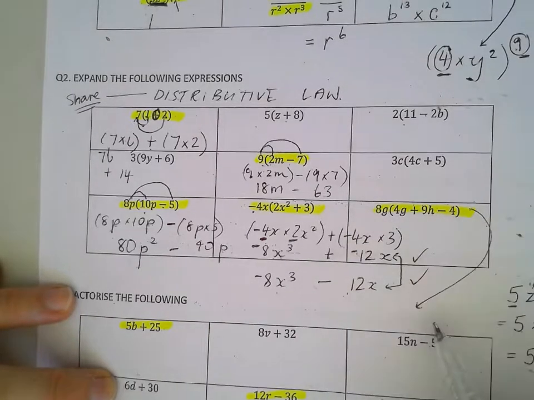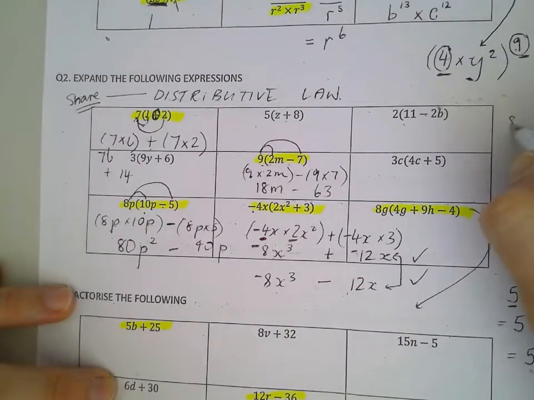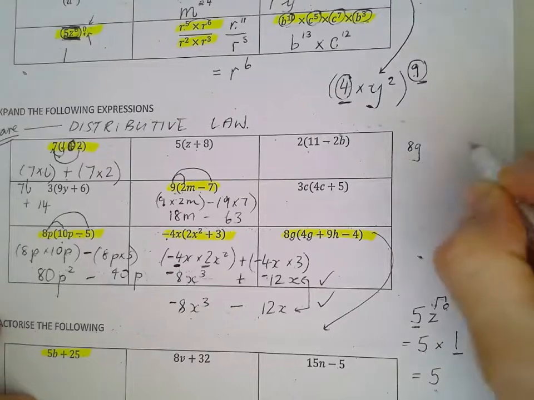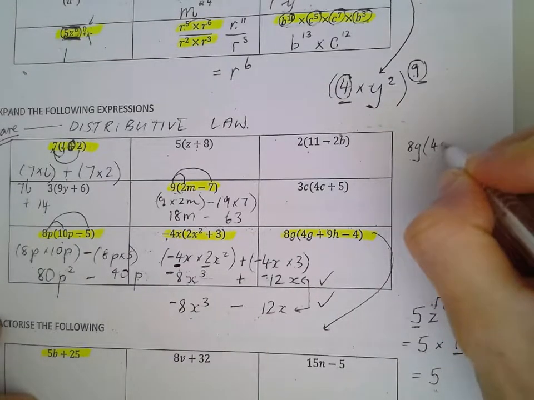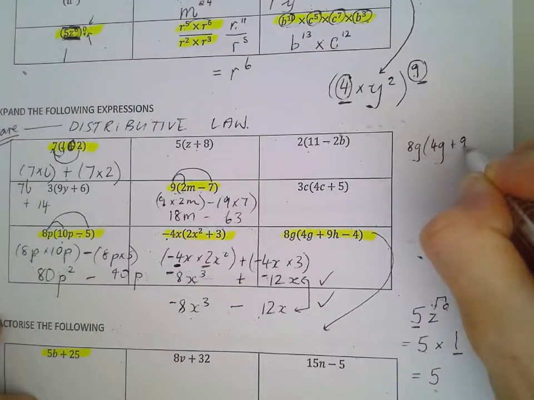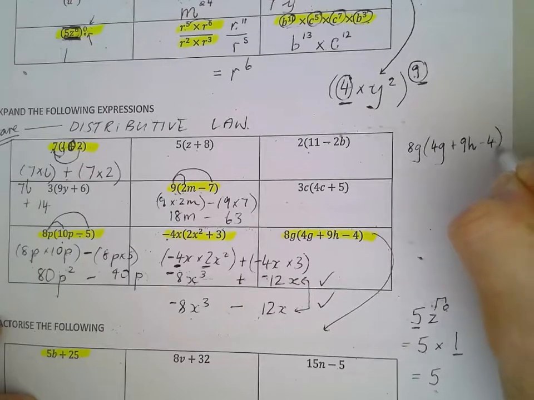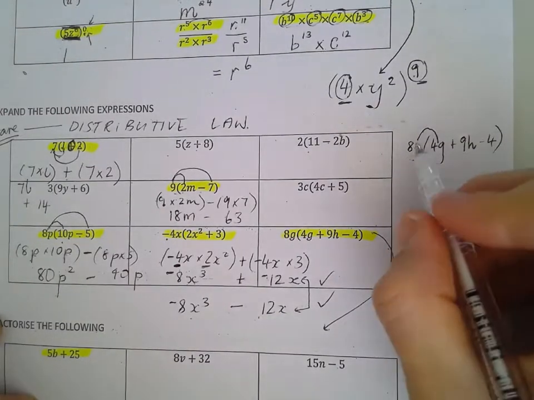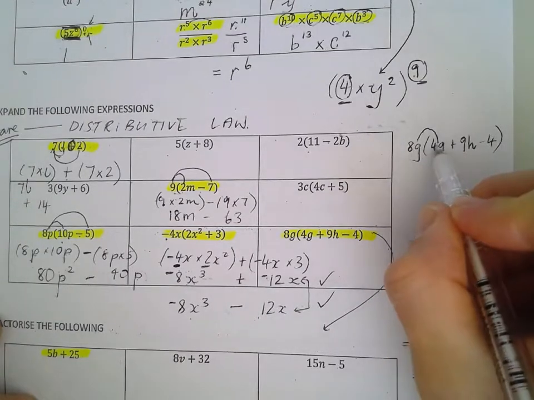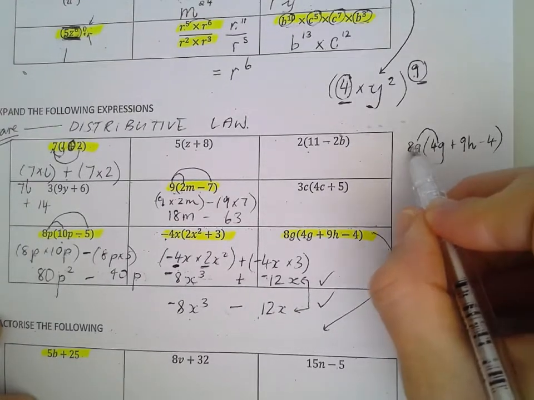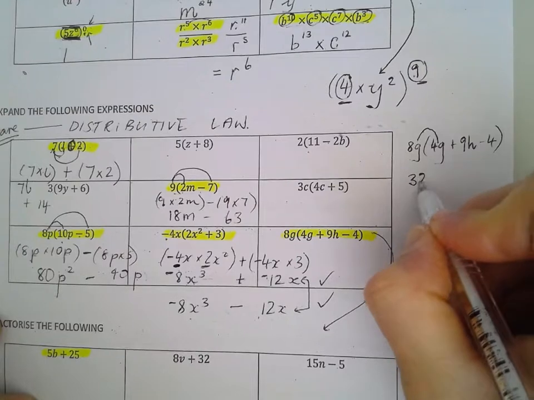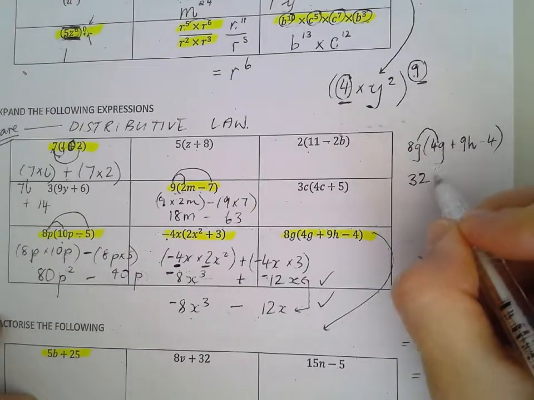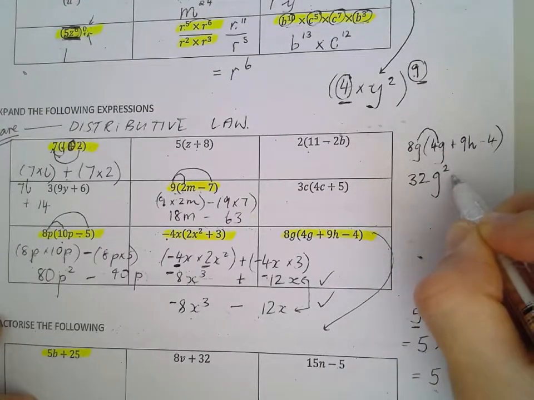Alright, let's look at this one. Running out of room here. Might squeeze this up here. So we've got 8g bracket 4g plus 9h take away 4. Same thing. Whatever's inside the bracket, you share it. So let's just work it through this time. What's 8 fours? Because there's no negatives to think about. 8 fours are 32. Okay, g is going to be g squared.